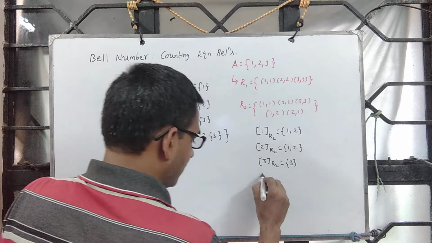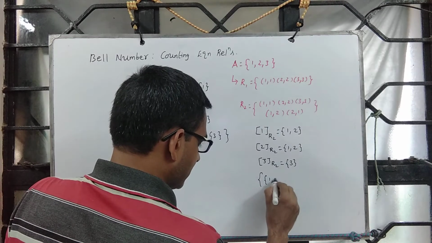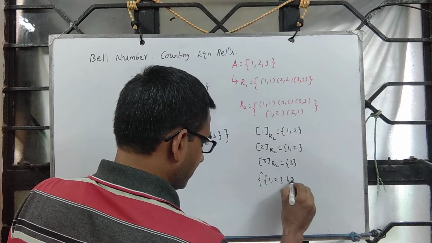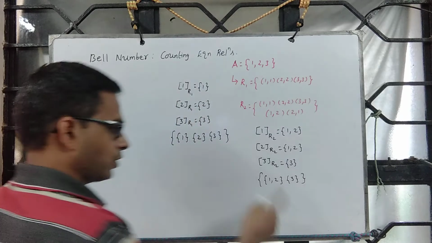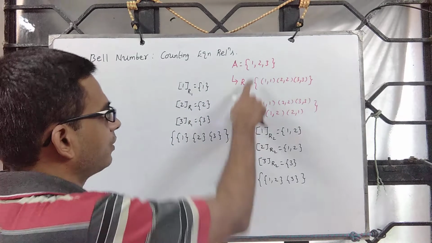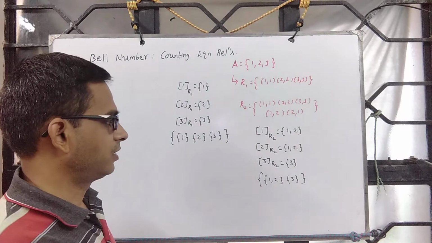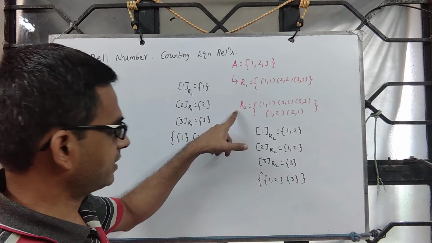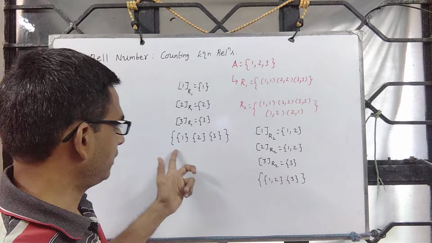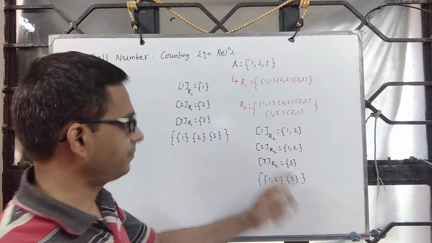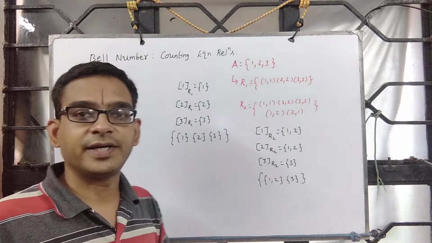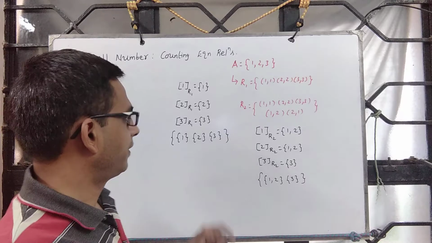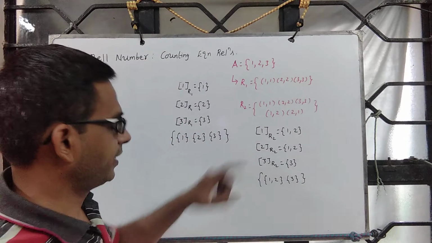If you look at the set of equivalence classes, then we get this. This is also a partition of the underlying set. So counting the number of different equivalence relations is equivalent to counting the number of ways of partitioning the underlying set, which we got via the equivalence classes.